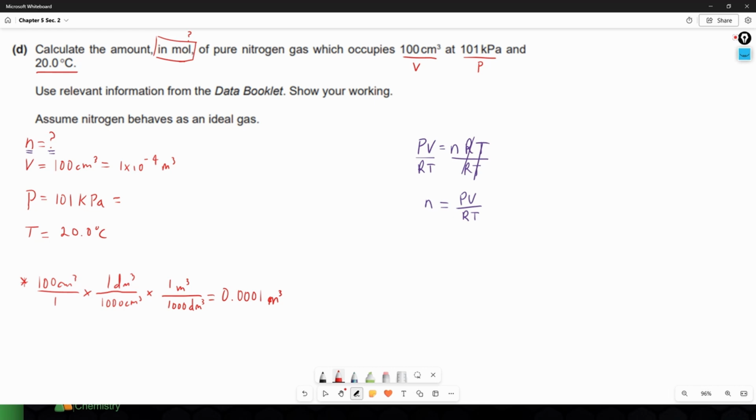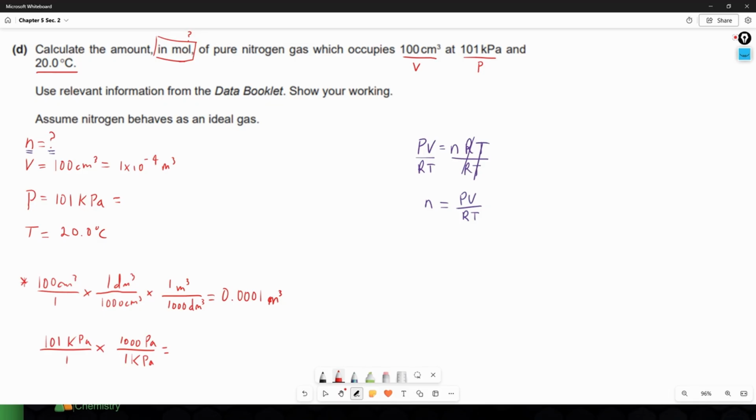Again, pressure needs to be in pascals, not kilopascals. So we have 101 kilopascals, but we know that 1 kilopascal is equal to 1,000 pascals, because that's what a kilo means.